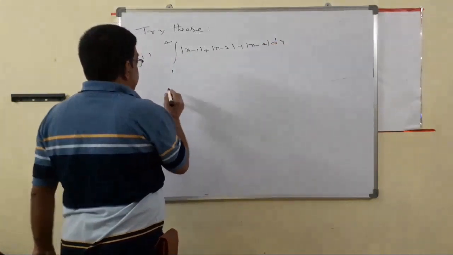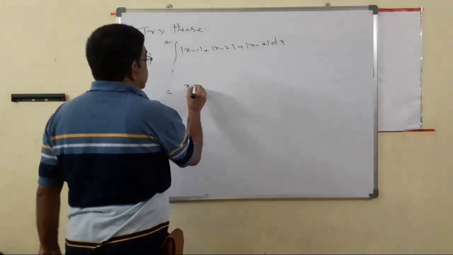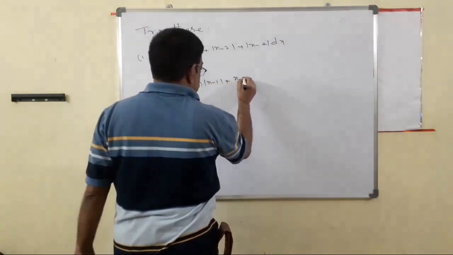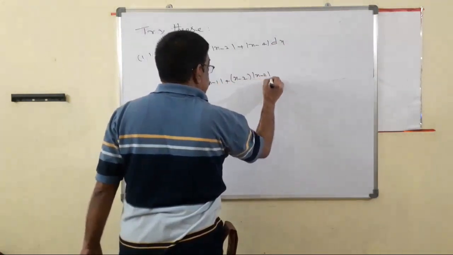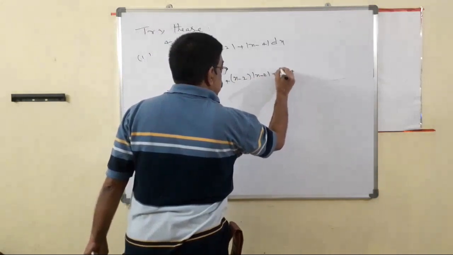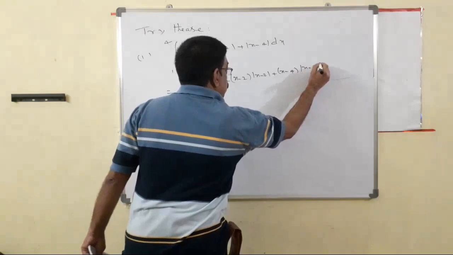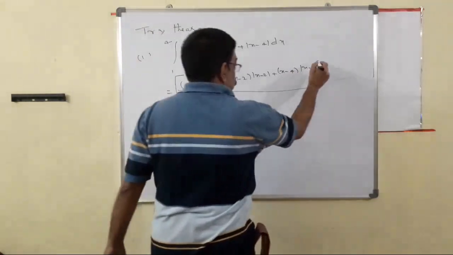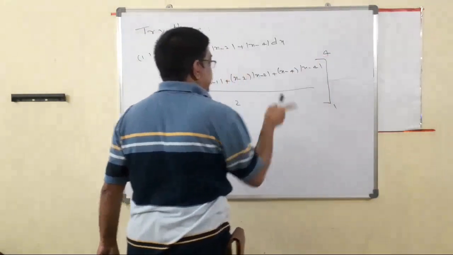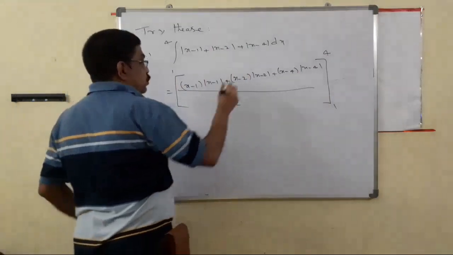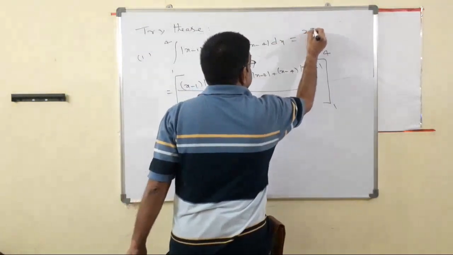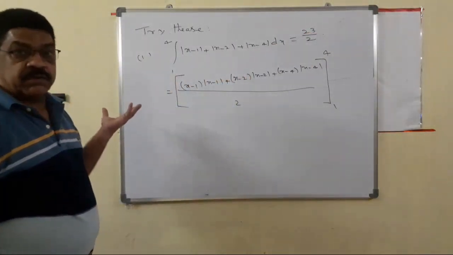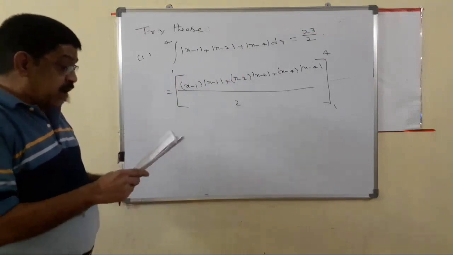Straight away I can write the corresponding value x minus 1 into mod x minus 1 plus x minus 2 mod x minus 2 plus x minus 4 mod x minus 4, whole upon 2, and the limits are running from 1 to 4. Put the upper and lower limits here and you will get the answer, you can verify it, as 23 by 2. Otherwise you have to split that into 5 parts, and that division is not at all required.